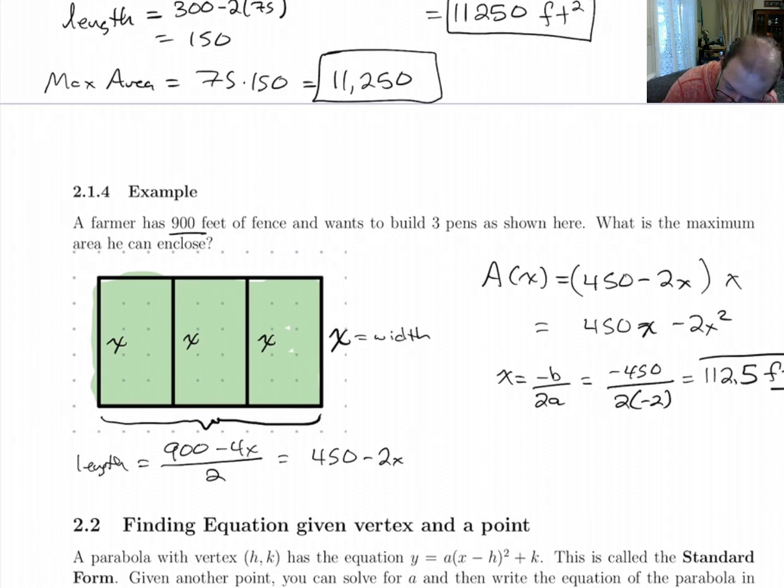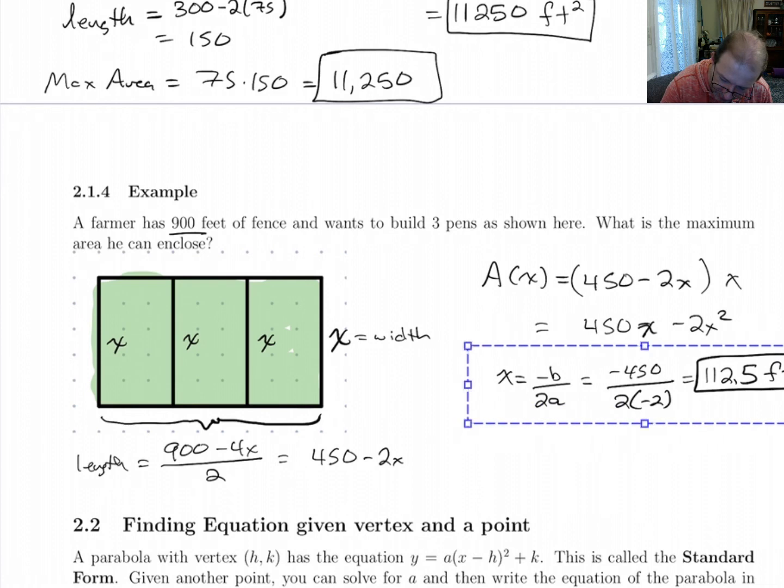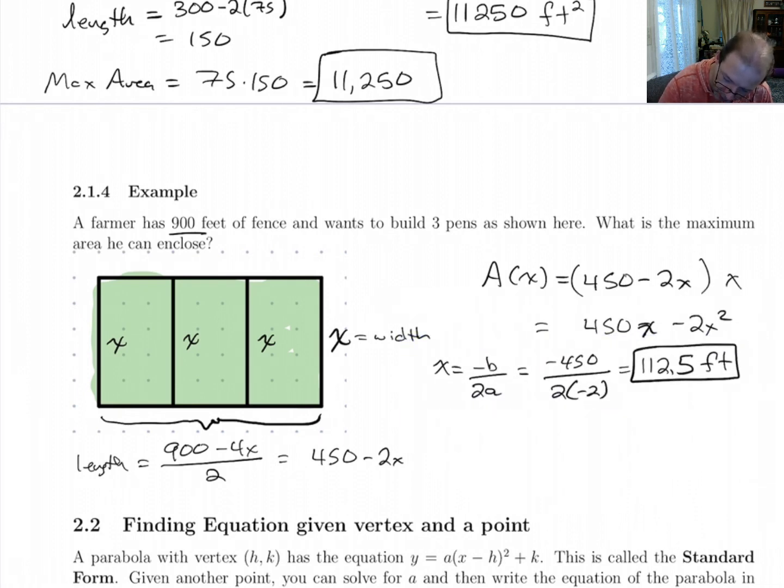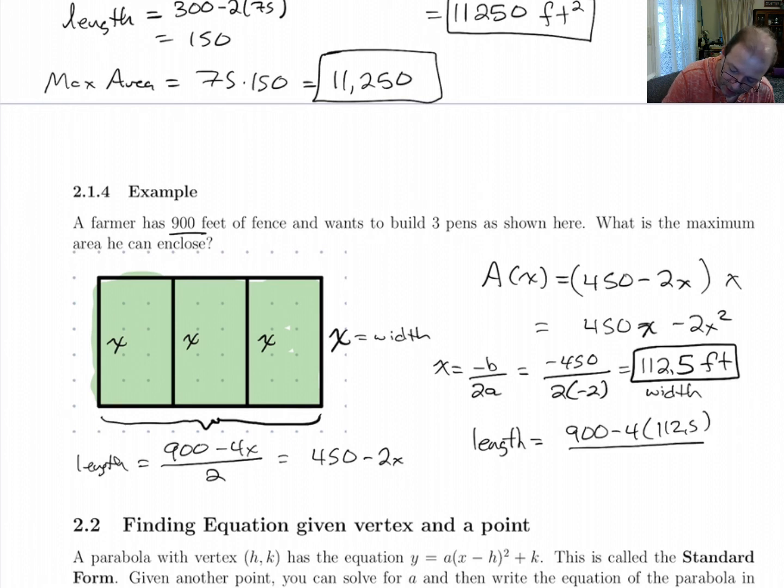So I'm circling that, but it's not my answer. It's one of the things I need for my answer. That's my x, so that's my width. The length of this thing is going to be 900 minus 4 times 112.5, all that over 2.